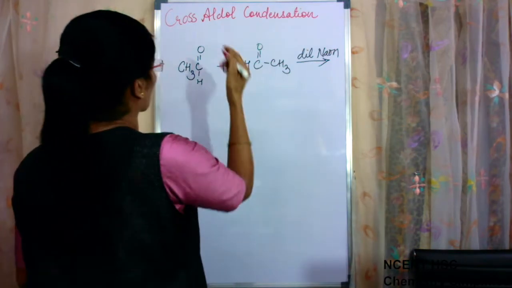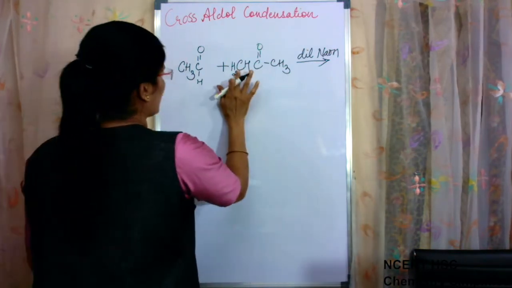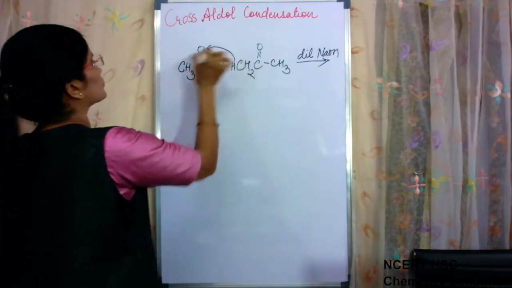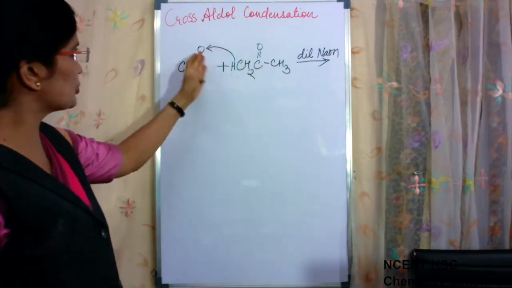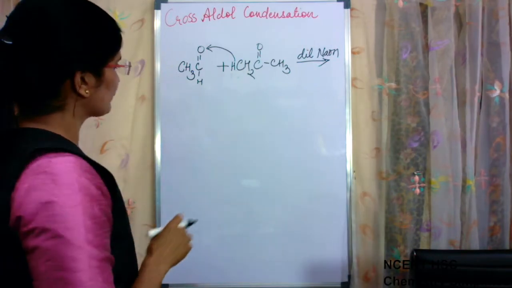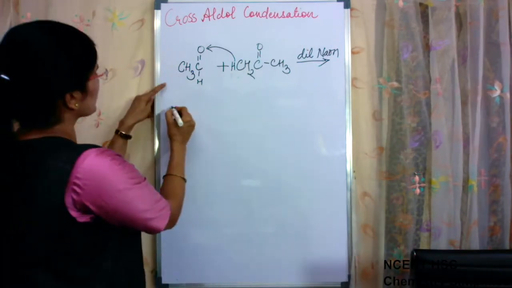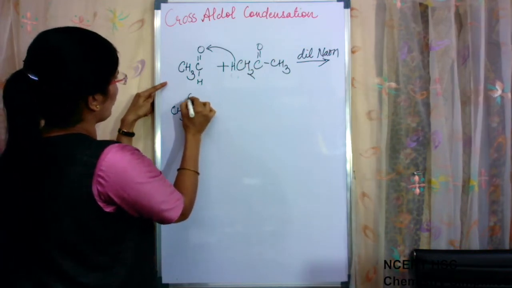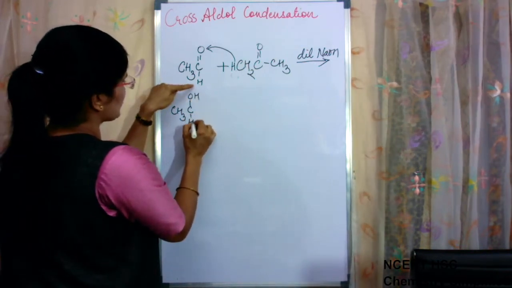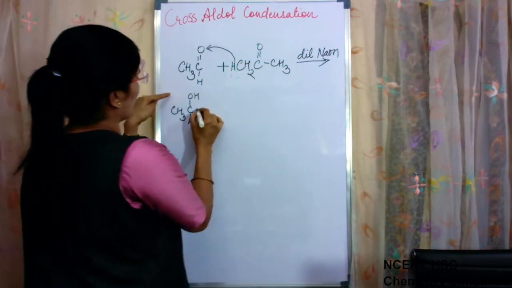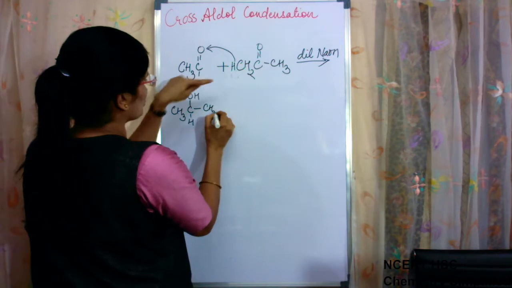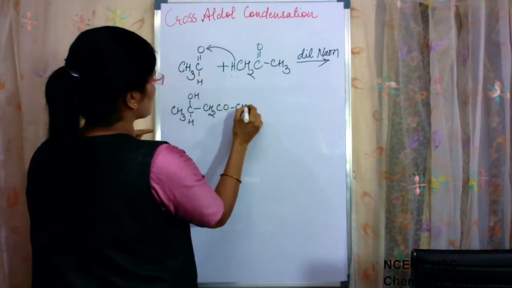Now, because this time we require only one H, this H will shift to O and these two will combine. CH3 COH, this H will be here, plus CH2 CO CH3.